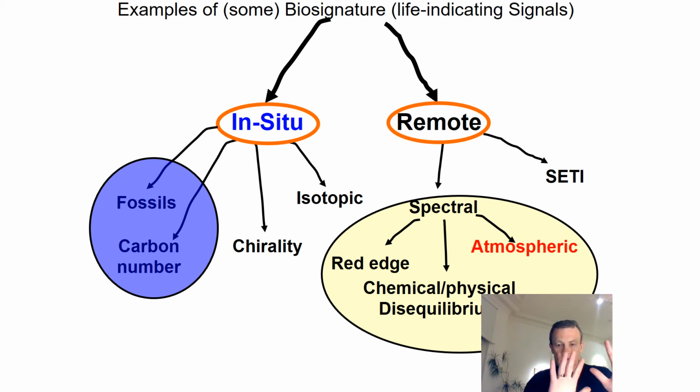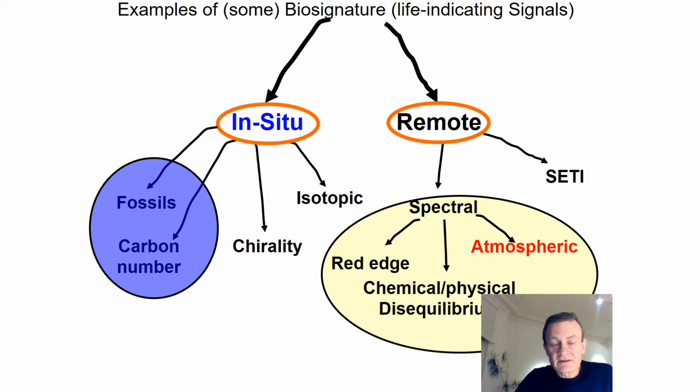So my two hands are chiral because chiral means I can't superimpose them one on the other. If I try to superimpose my right hand on my left hand, it doesn't fit because they're chiral. Life also favors certain isotopic signatures of carbon.